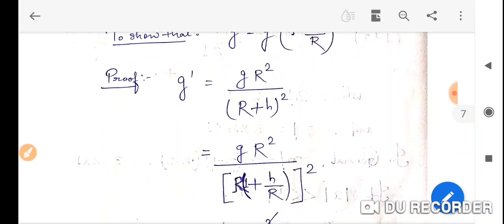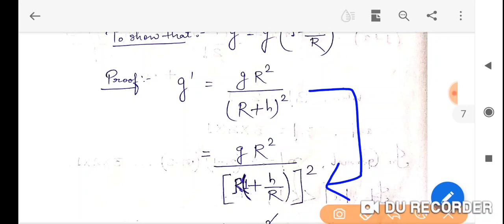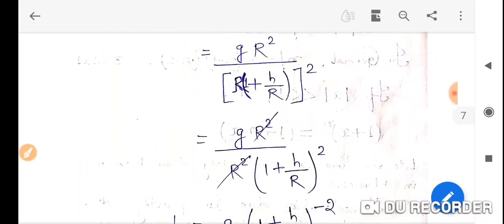Since g dash equals to gR square divided by (R plus h) whole square, let's take R common from the denominator. You will get gR square divided by R under bracket (1 plus h by R) whole to the power 2. Proceeding further, distributing the power in the denominator, gR square divided by R square under bracket (1 plus h by R) whole square.